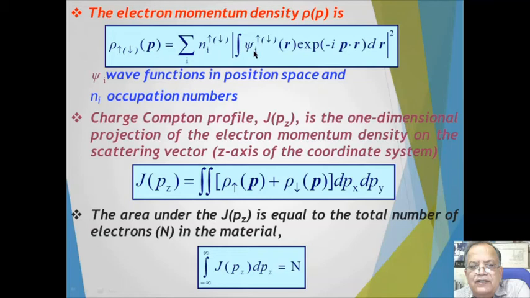So you have the wave function for spin up electrons, you take the Fourier transform of that and sum over all the occupied states, and then you have the momentum density for spin up electrons. Now if you consider this bracket term, rho down (p), that is n_i down, psi_i down, and this, then you have the wave function for the spin down electrons, take the Fourier transform of this one, sum it for all the states, and get the momentum density for spin down electrons.